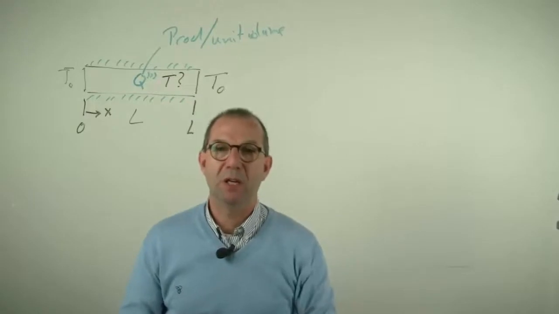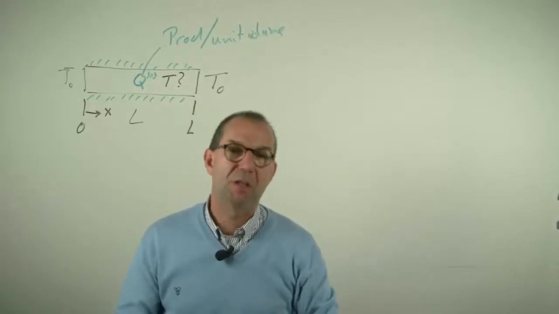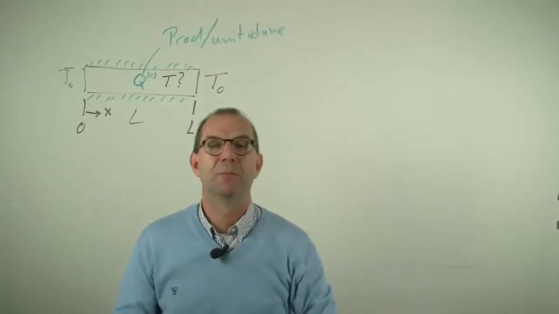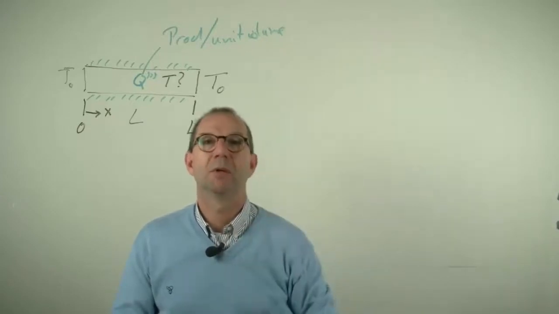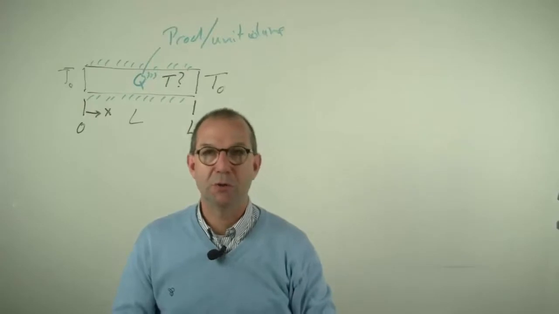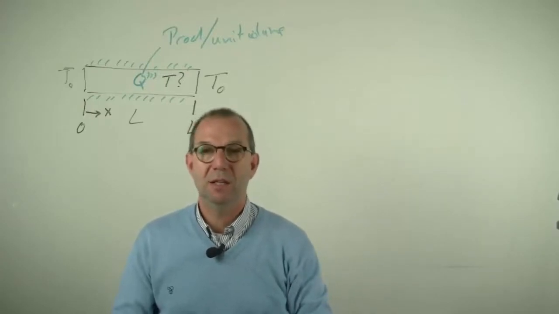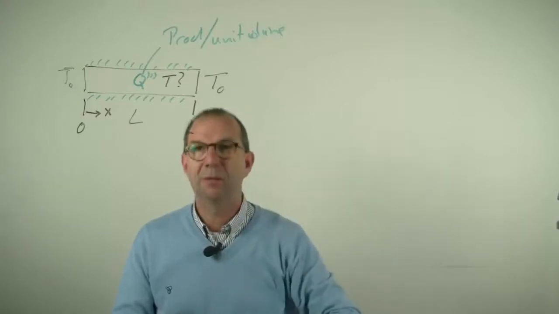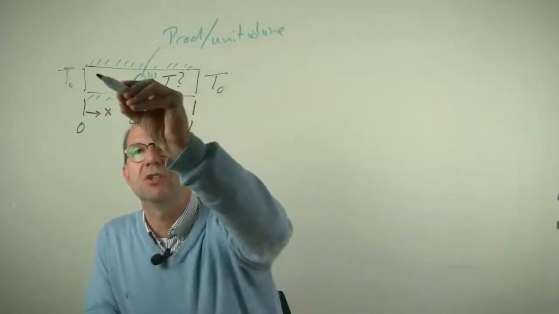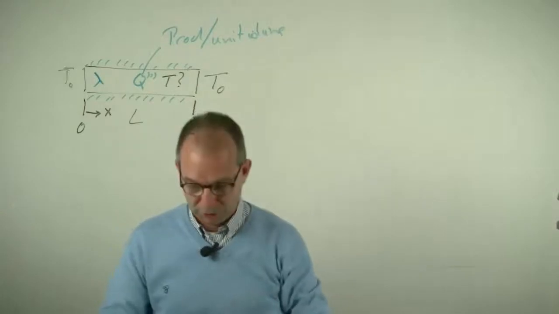Before we do anything, we can anticipate qualitatively what will happen. All heat produced will heat up the temperature of the rod and will increase it, and the heat will flow to the sides. And as this is pure conduction, there is a lambda which is the same throughout the entire rod.